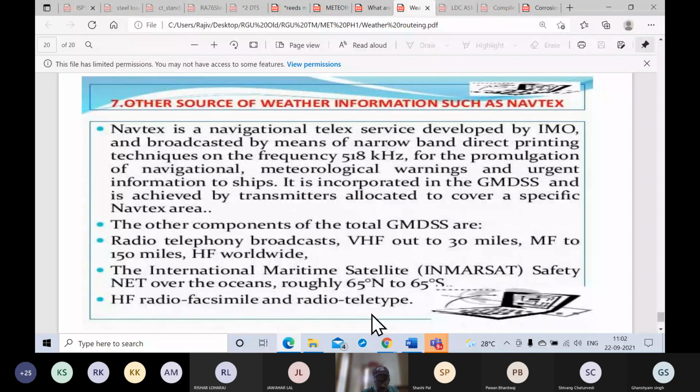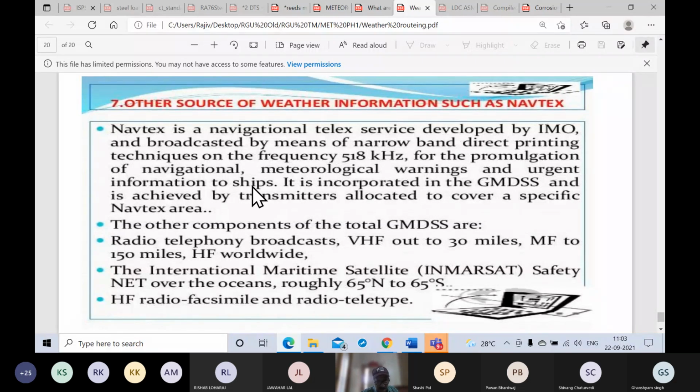So this is of course a service. It is a telex service provided by IMO, developed by IMO, provided by any coastal station, and it broadcasts on 518 kilohertz. It is called narrow band direct printing, which you are aware. NBDP is the technique used to print.